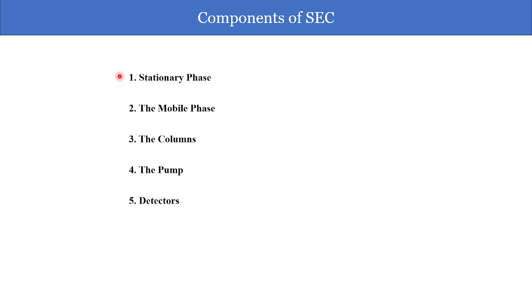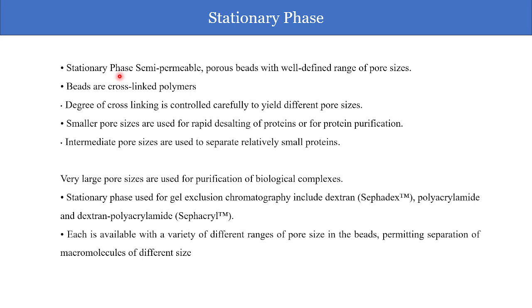Now, the different components of size exclusion chromatography include the stationary phase, the mobile phase, the columns, pump and the detectors. The stationary phase is the semi-permeable porous bead with a well-defined range of pore sizes. These beads are comprised of cross-linked polymers.